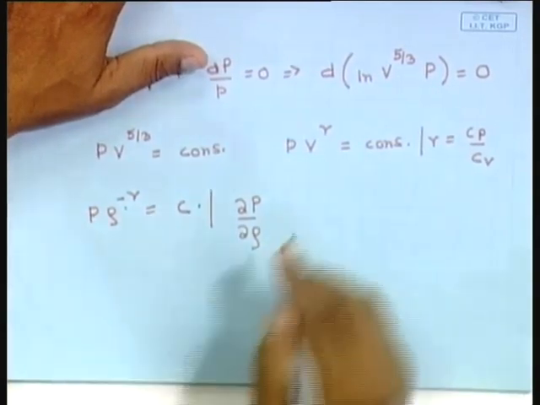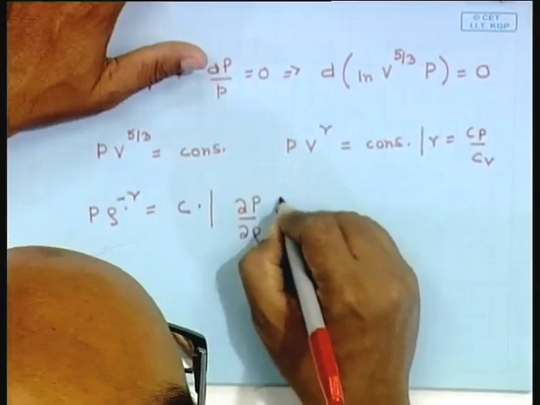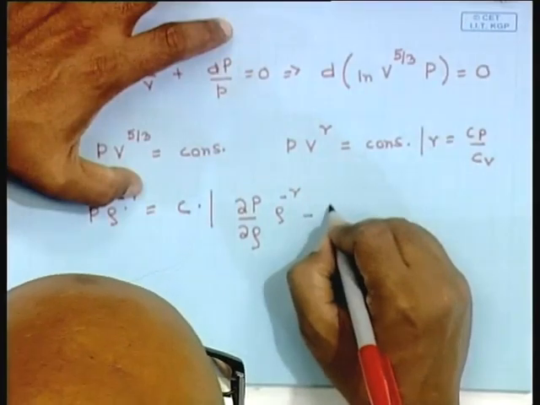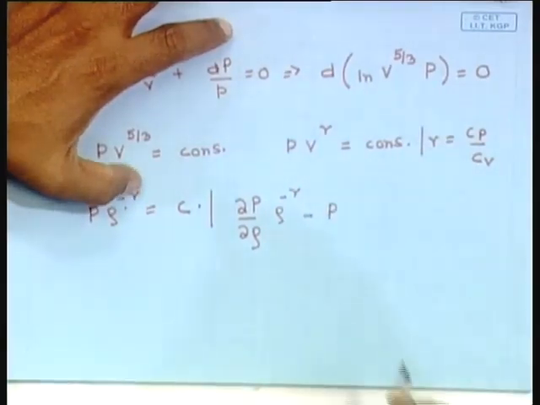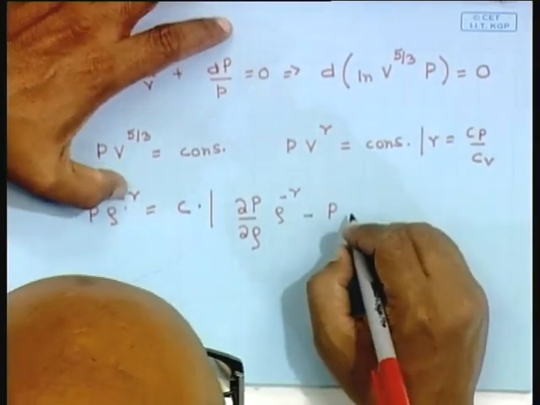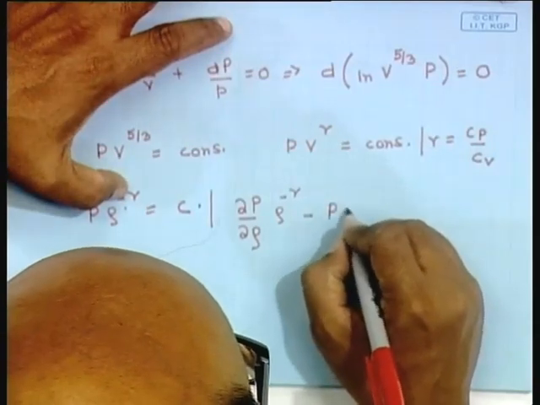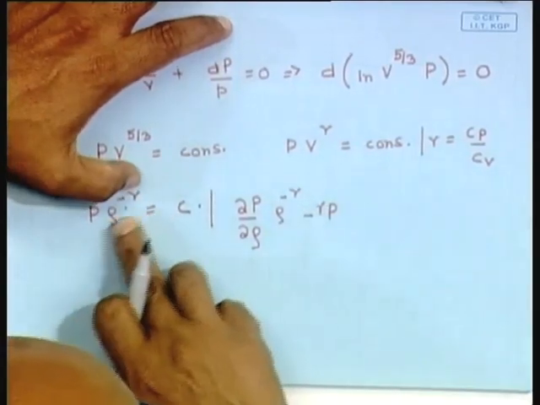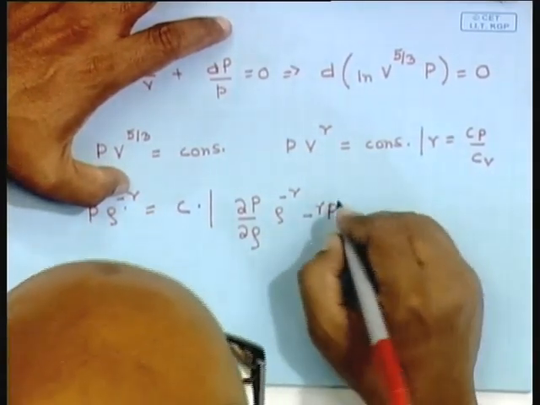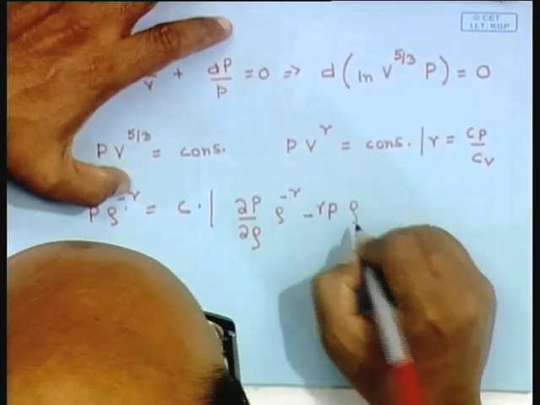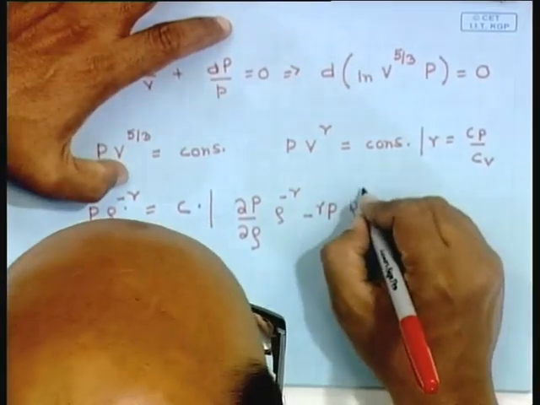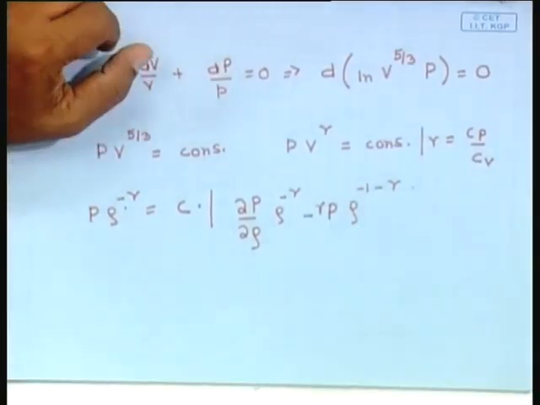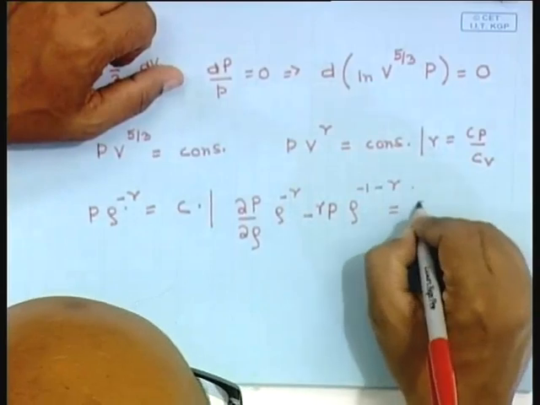So you have ∂P/∂ρ times ρ^(-γ), plus P times, if I differentiate this, minus γ ρ^(-1-γ). This is equal to 0.